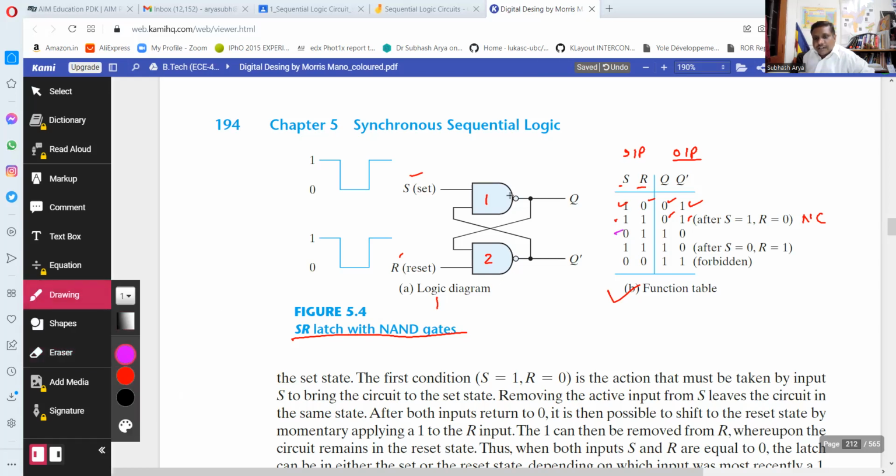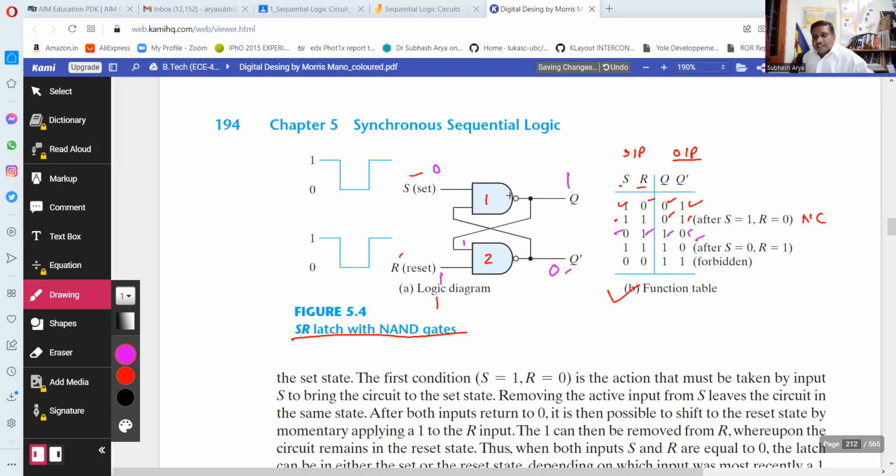So I am taking now S is equal to 0 and R is equal to 1. This is another case. So what is going on here? Any 0 makes output 1, Q will be 1. And this 1 is coming here, 1 will make output 0. So you see here, Q is equal to 1, Q bar is equal to 0.